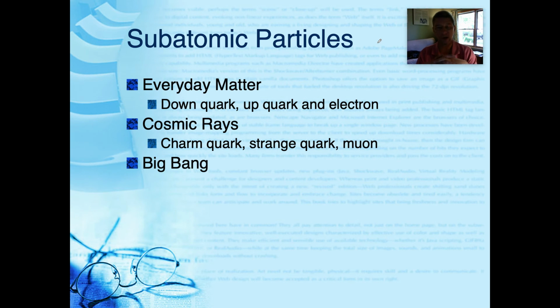Cosmic rays are rays that are put forth by stars and other cosmic entities. And then finally, it's believed theoretically that during the Big Bang, other particles were produced, including what we call the top quark, the bottom quark, and tau particles.